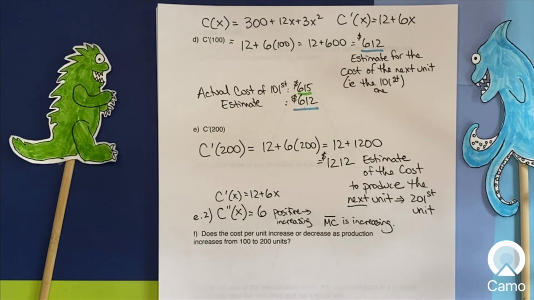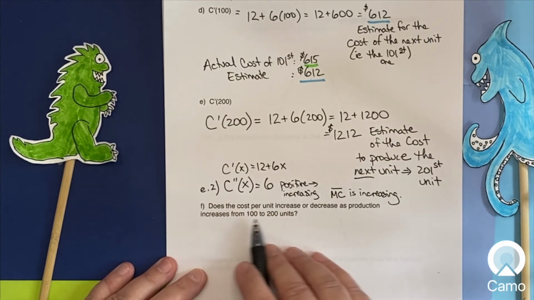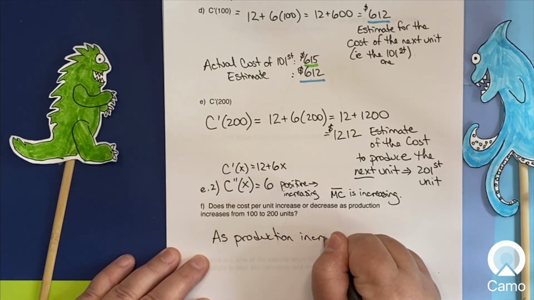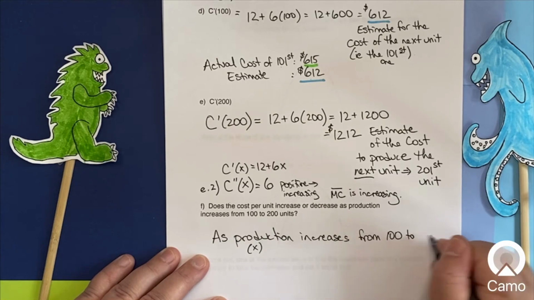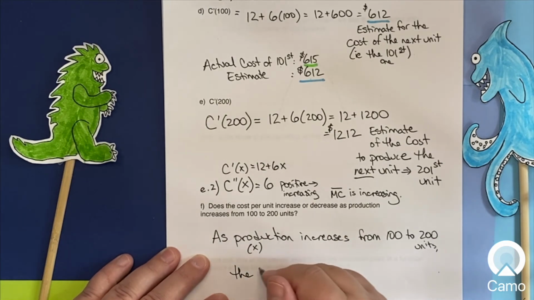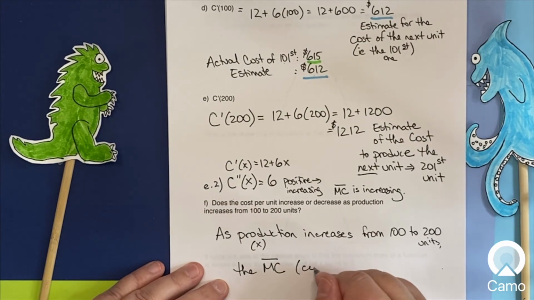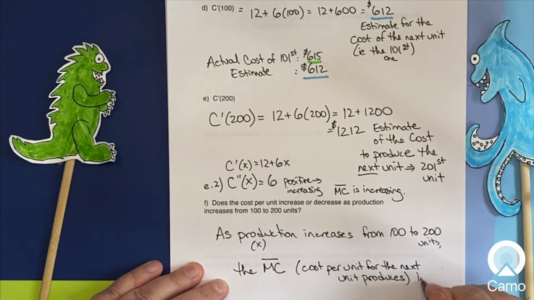As production increases, so production is X, from 100 to 200 units, the marginal cost, which is the cost per unit for the next unit produced, increases from 612 to, oh, sorry, you can't see that.